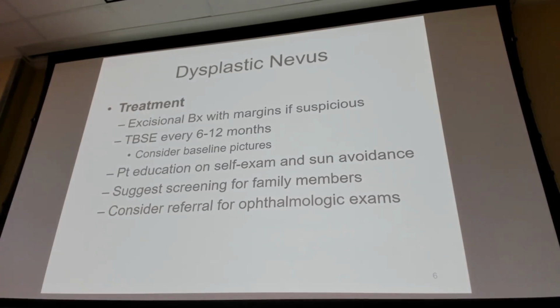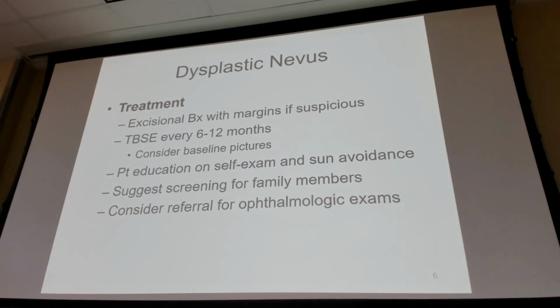Of course, we always want to educate. We want to teach A, B, C, D, E's so that they know those things, okay? We also need to let them know, hey, you have dysplastic nevus, so you might want to let your brothers and your sisters and your children know some of that same stuff.